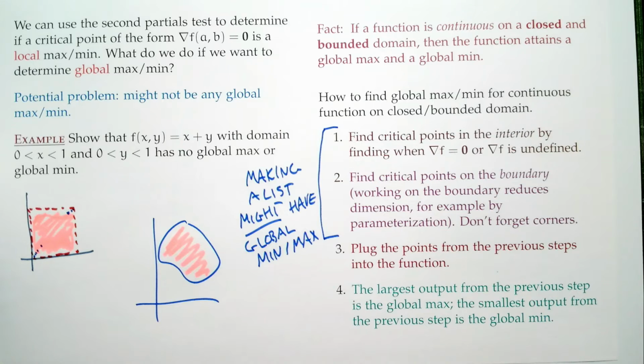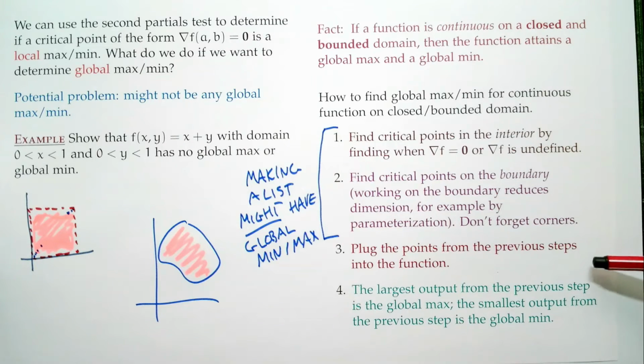So we've made a list of where they can occur. It's going to be a relatively small list. We're not going to check infinitely many points. Maybe we'll have a half dozen, maybe 10. Our max or min occurs somewhere on this list, so we check each point. The way we check it is we plug it into the function and evaluate.